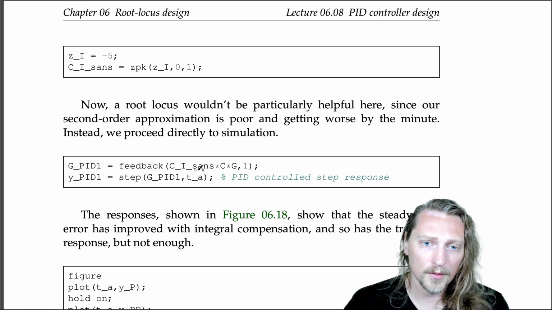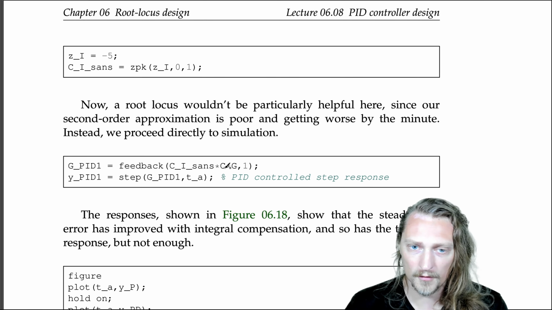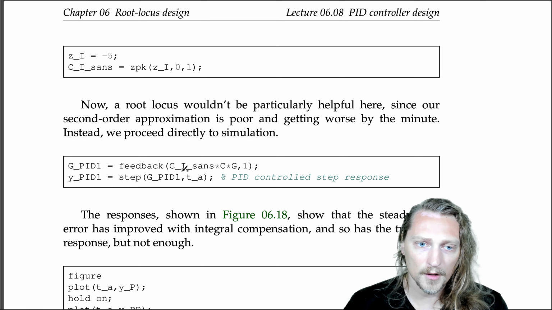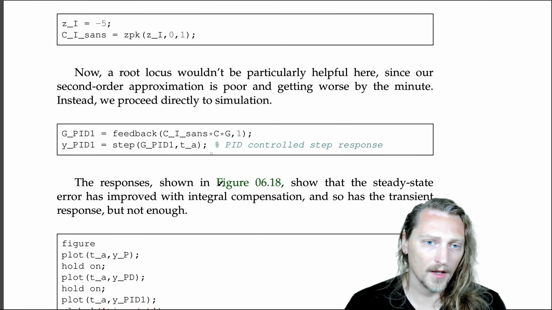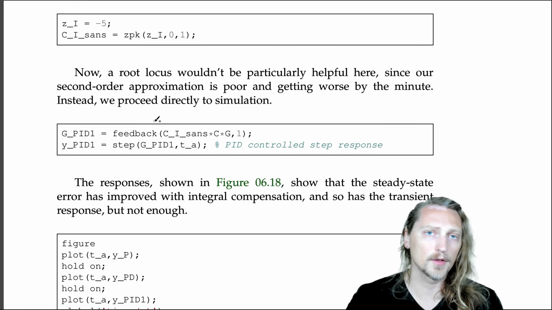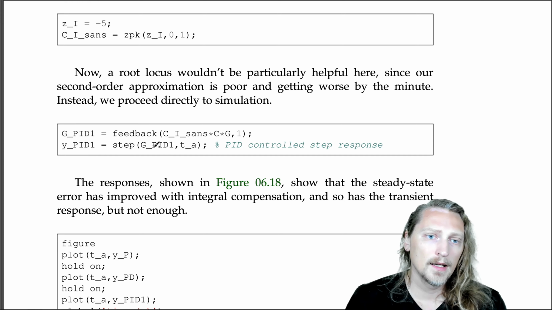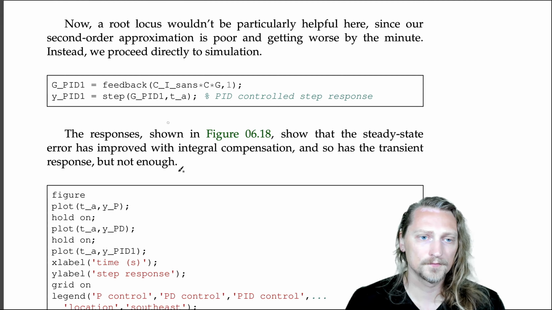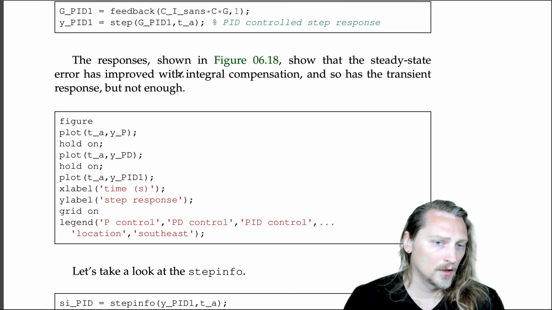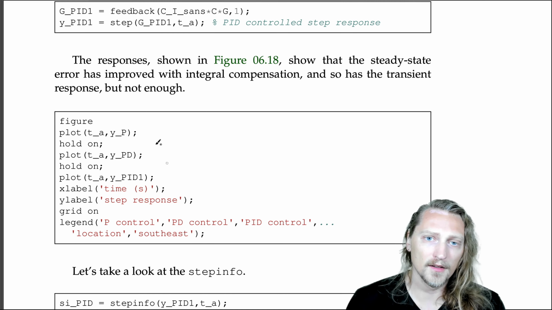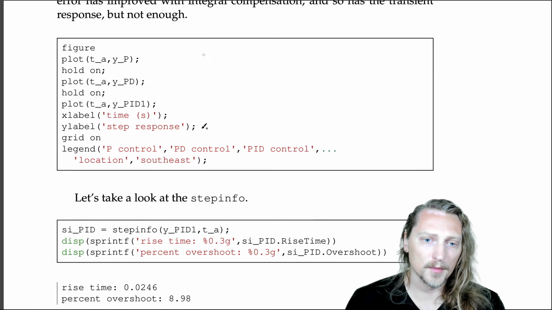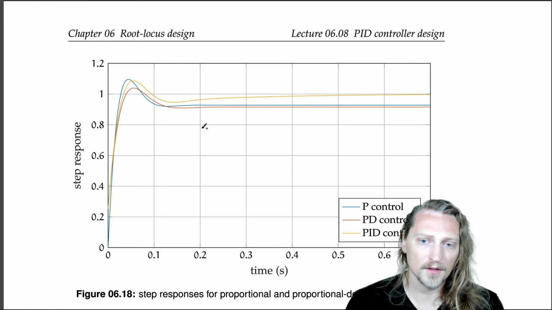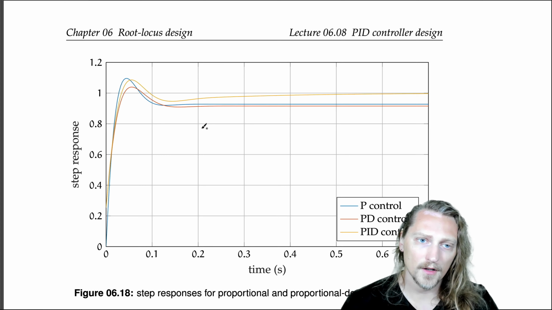So we'll do feedback. We'll use the compensator from before. We'll also include the compensator for the integrator, and we'll use the feedback function to create the closed loop transfer function, and then we'll find the step response using step. Okay, so we'll plot again these step responses, and we'll look at the step info. So let's look at the responses first.